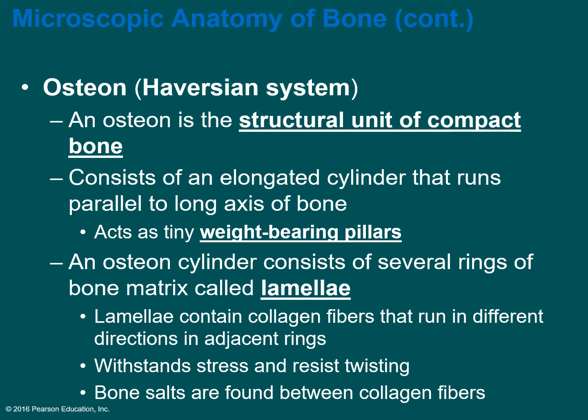When you bake it, the high temperature destroys the collagen fibers. So the only thing left would be the salts of the bone. So you've lost any flexibility that might have been there from the collagen fibers, because they were destroyed by the heat.